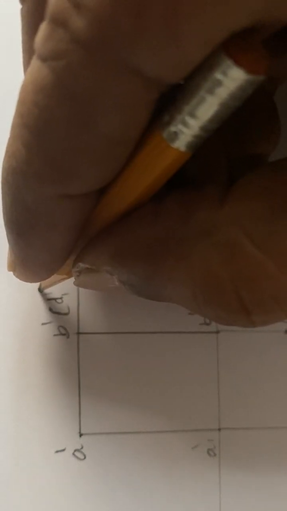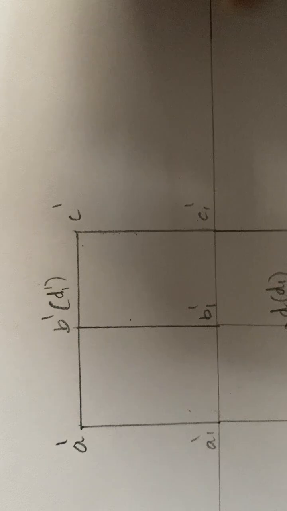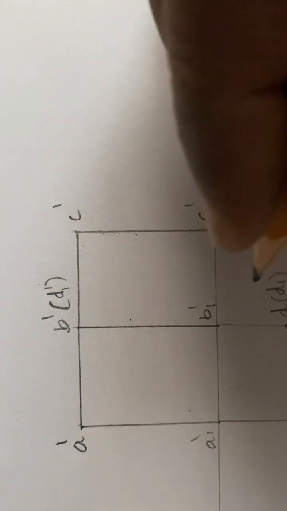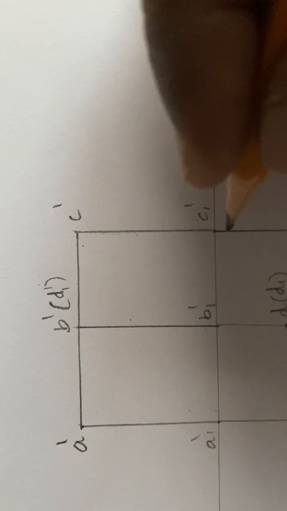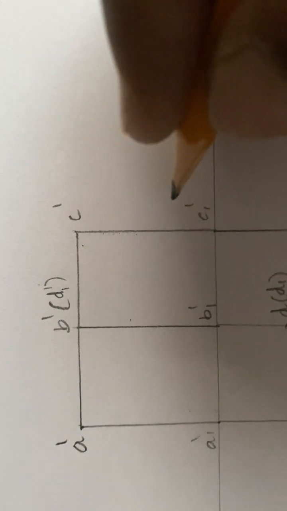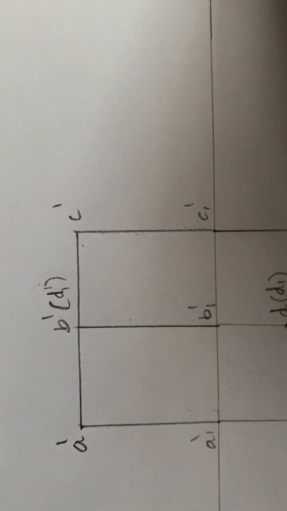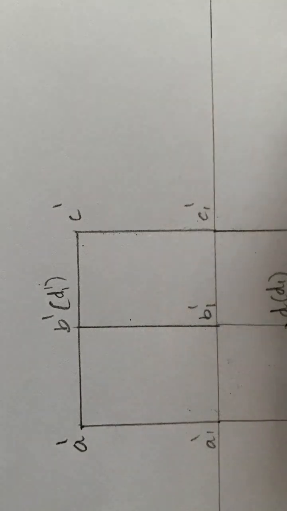So the other side it is, and here B. And here this will be a D, not D1, sorry.